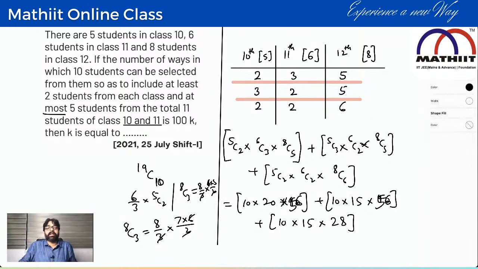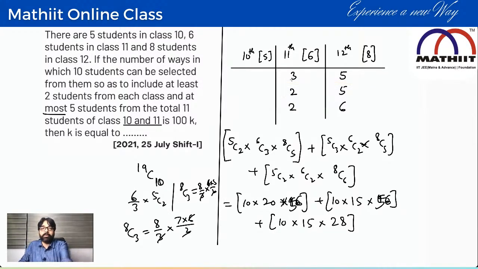Cases, again, I'm telling those who are not able to make the cases: you have to make them. We don't have another choice. We want 5 here, 6 here. I want minimum 2 here, minimum 2 here. So what is the possibility? 2 here and 6 here, because total 10 has to come.